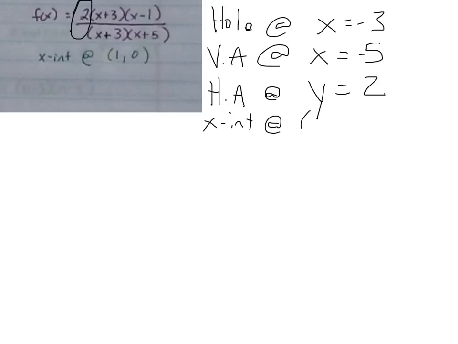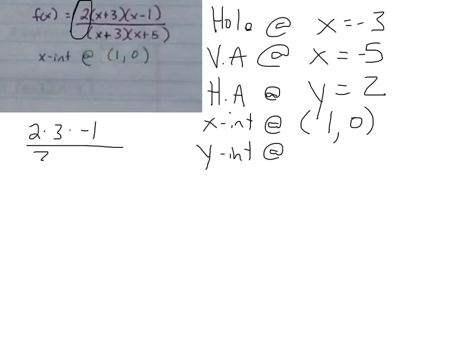at 1 comma 0, and we have a y-intercept at, let's see, we have 2 times 3 times negative 1. Remember, we're plugging a 0 in. And if we plug the 0 into the denominator, we wind up getting 0 plus 3 and 0 plus 5.